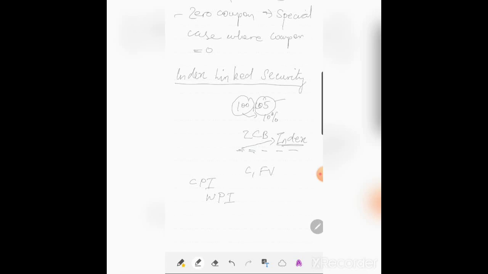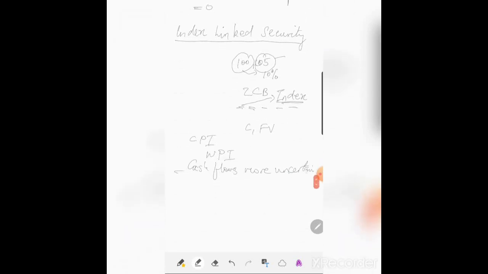So in a way, that makes the cash flows more uncertain. I should be able to project what inflation will be at that point in time, and based on that, I should be able to predict the cash flows that will be received at that point in time. In a way, it makes the cash flows more and more unknown.